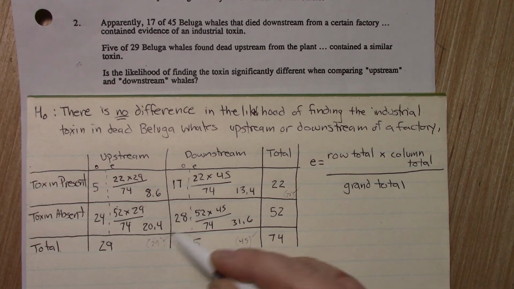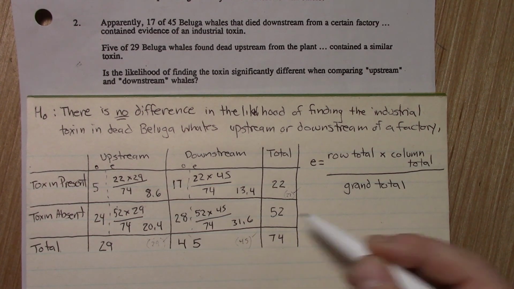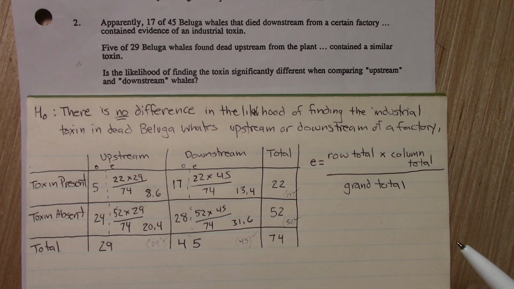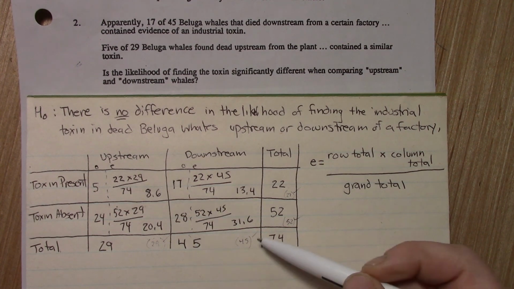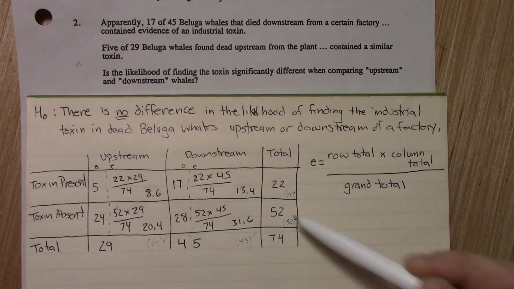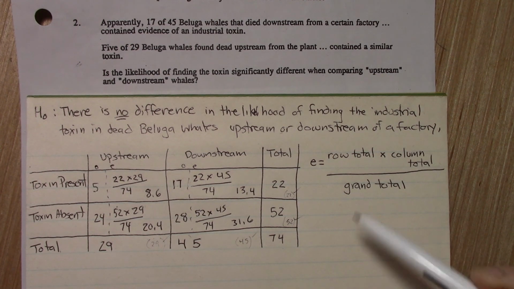Excellent. 31.6 plus 20.4 happens to be 52. Excellent. So this is a way to double check your math, because the observed and the expected are sharing these total columns, so they should add up. So now that we have those numbers, we need to put this into our equation again.